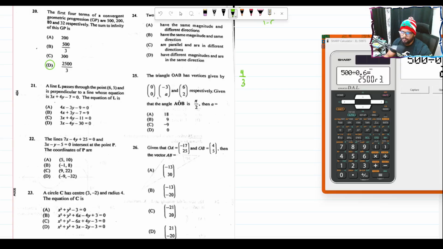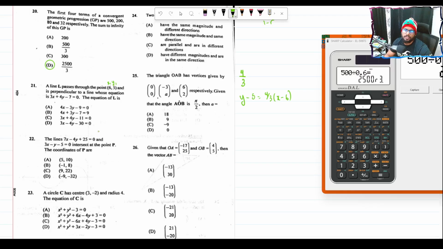The line passes through 6,5, so we're going to have y take away y1 is equal to 4 over 3 into x take away x1, which is 6. I'm not going to look to see which one of these gradients is 4 over 3.